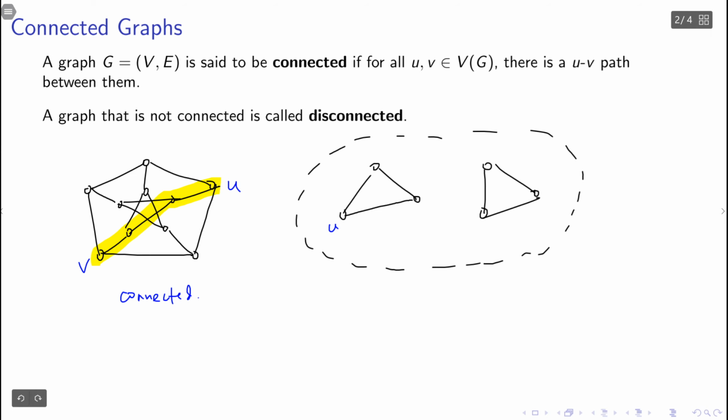Now note that I could have picked U and V to be in the same triangle, and yes, there's a path in that triangle, but this condition has to hold for all choices of U and V. So if you can find a pair U and V such that there's no path between them, then that certifies that your graph is disconnected.